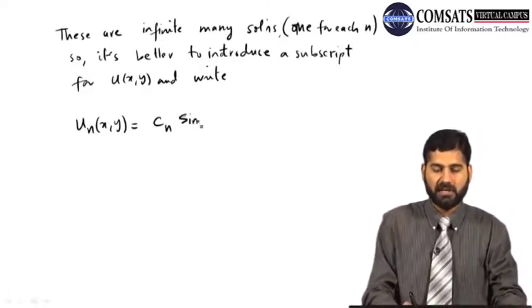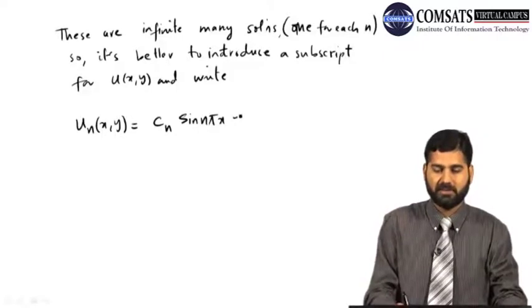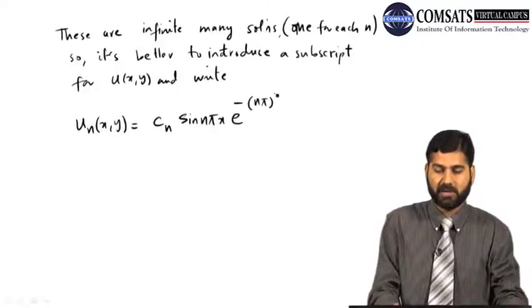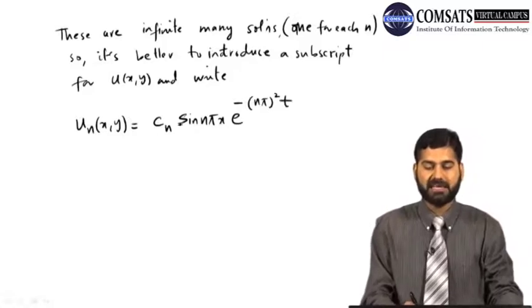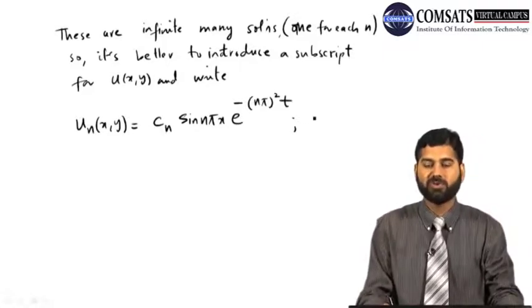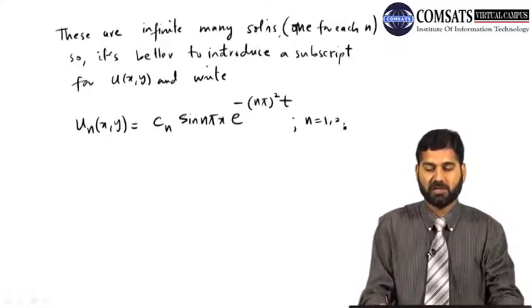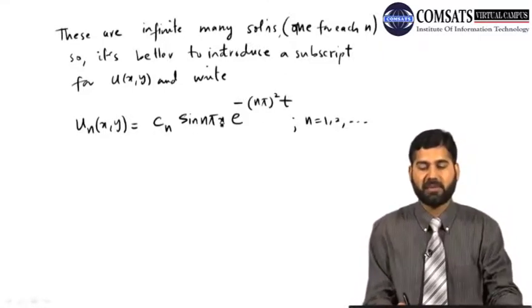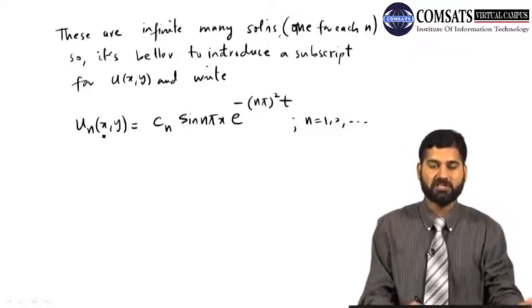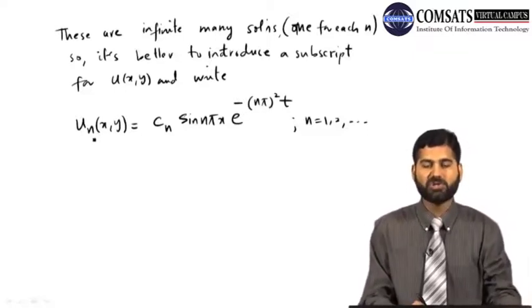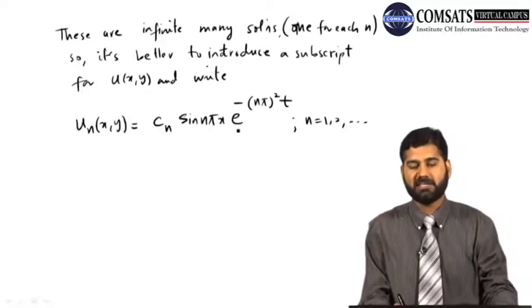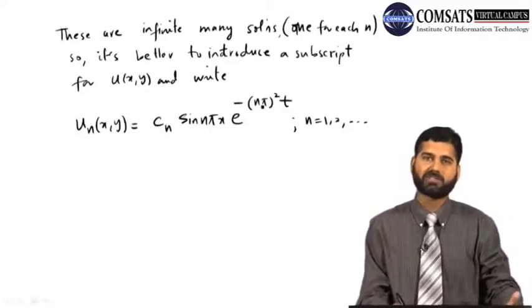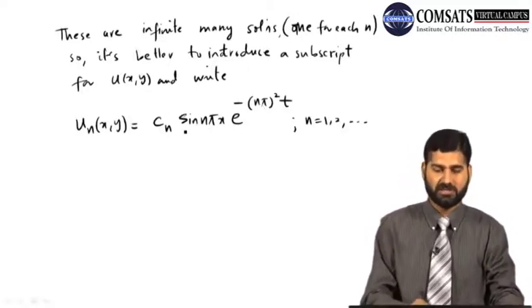So c n sine n pi x e to the power minus n square pi square t. Because for every n it is different, so I can call it u1, u2, u3 instead of u all the time. Alright, so for n equal to 1, it is c1 sine pi x e to the minus pi square t, which is u1. For n equal to 2, it is u2, which is c2 sine 2 pi x e to the minus 4 pi square t, and so on. Alright, so these are all solutions.